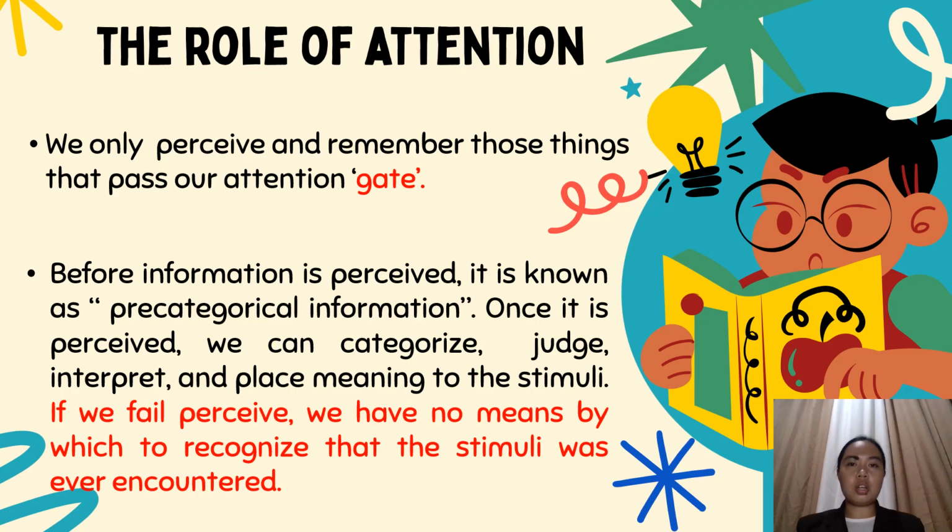Before attention is given to something, the information exists as pre-categorical information, meaning it has not yet been recognized or understood by our brain. Once we focus our attention, the information is perceived, allowing us to categorize what it is, judge its importance, interpret its meaning, and store it in memory for future use.